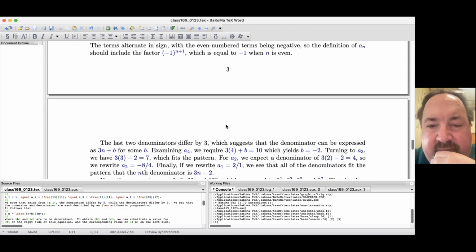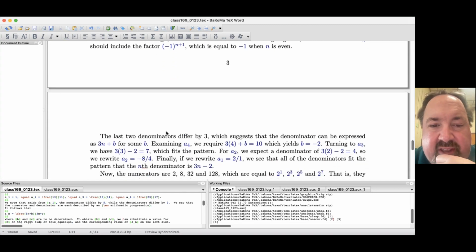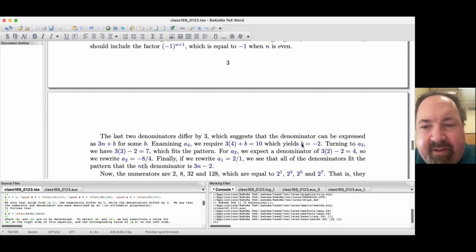Okay. So if we describe the denominators as 3n plus b for some b, because the last two denominators differ by 3, then we need to figure out what this b is. So we go to A4, the denominator is 10, so 3n plus b is equal to 10, and that gives us b equal to -2.